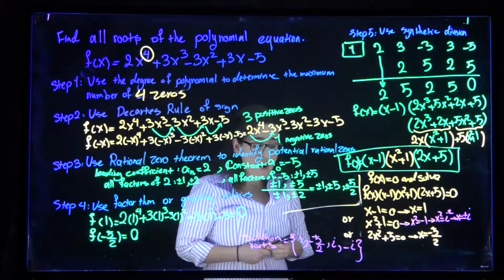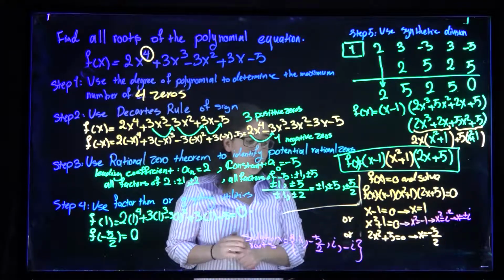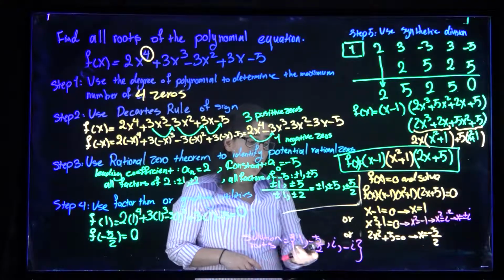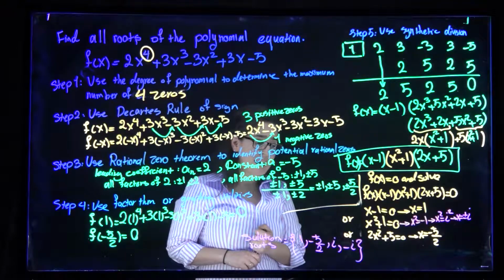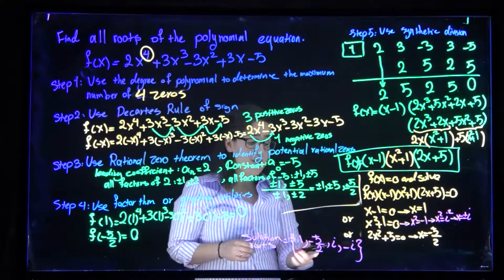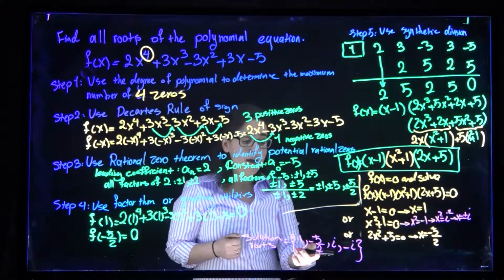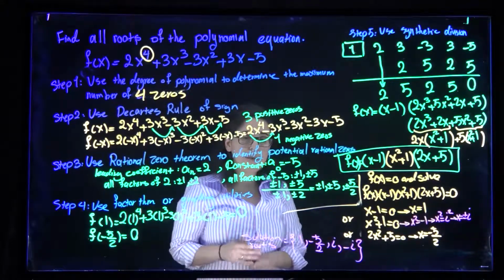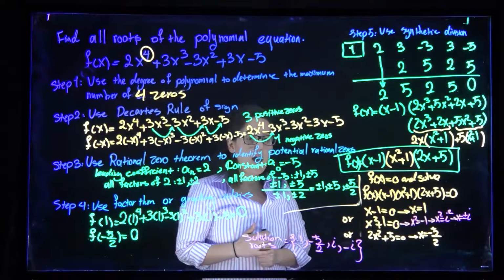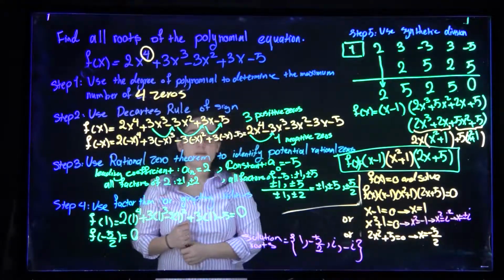So as we wanted, we found all of the roots of that polynomial. 2 of them were real numbers, and 2 other ones are imaginary. So when we graph it, we were just able to see the real zeros or real roots, but we didn't see the imaginary ones. I hope that you enjoyed that question. Thank you.